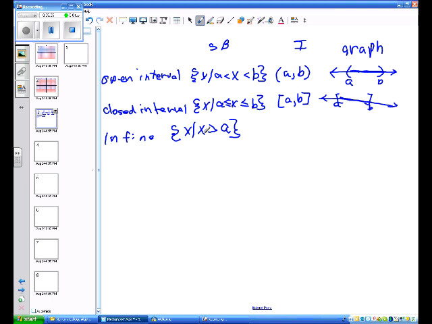Now, the way that we show this, it's going to be those points that are greater than A. So A is going to be the smallest amount. Since I didn't say that we included the A, we'll use a parenthesis. If we had included it, we would have used a square brace, comma, and then it goes to infinity. Now, it can never include infinity because there's not a biggest number. On our number line, what we would have is A, and in this case, it's not including it, and we would have our parenthesis and then going toward infinity.